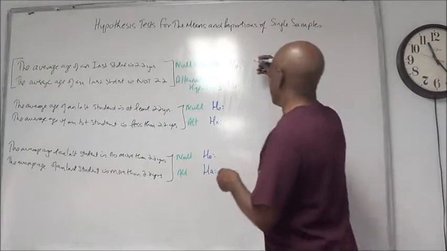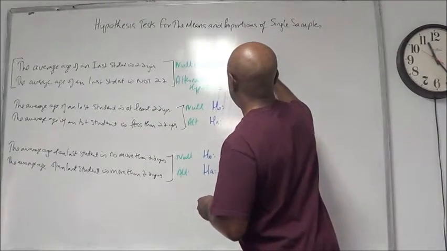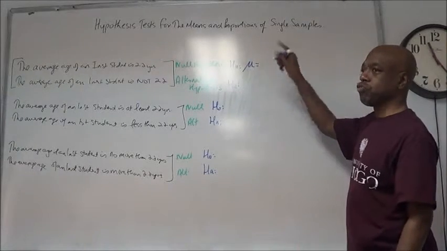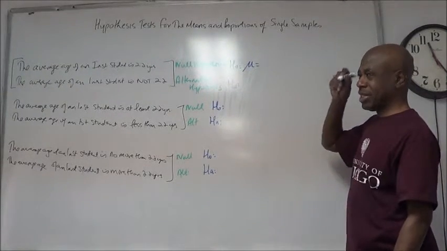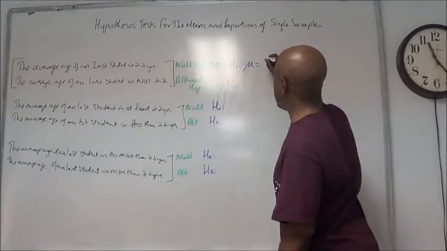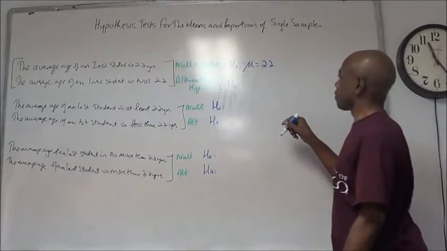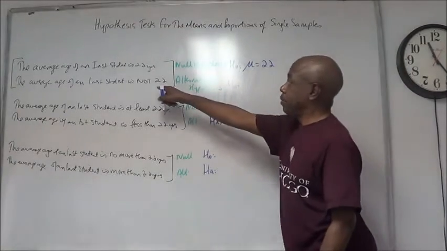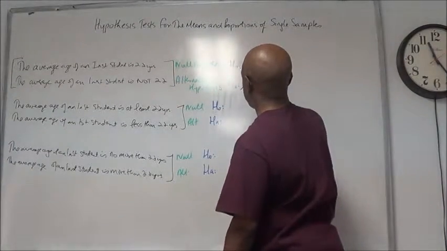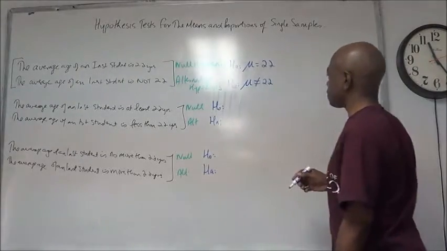Because he's making a claim about the population, it means that his statement is about mu. And it is extraordinarily important that we understand that this statement is about mu. So he says that mu for the institute students is 22. Which would mean that the alternative hypothesis would be that mu is not equal to 22.